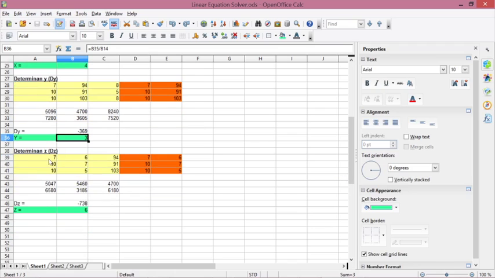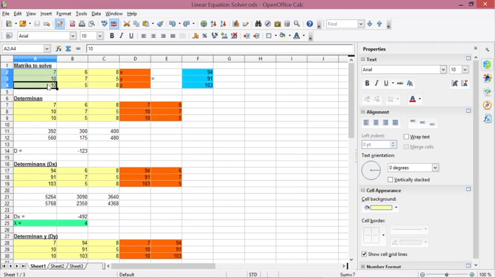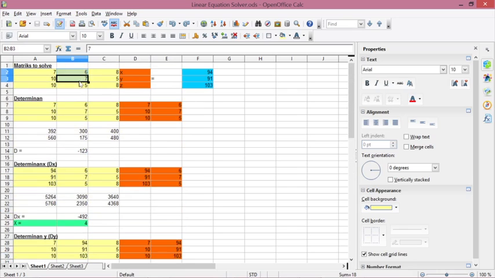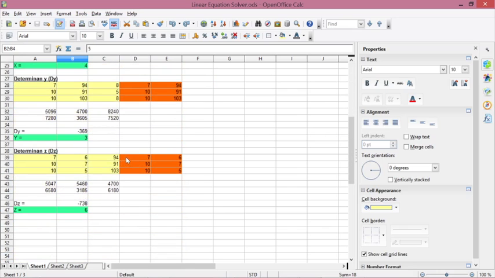And for determinant z, you insert the values of the result, 94, 91, and 103, into the third column, then put column 1 from the matrix, and put column 2 from the matrix. Copy the value of column 1 and column 2 to the orange, and do the same diagonal multiplication.